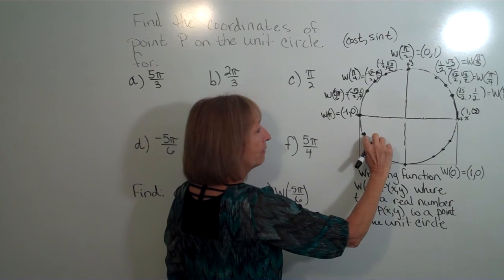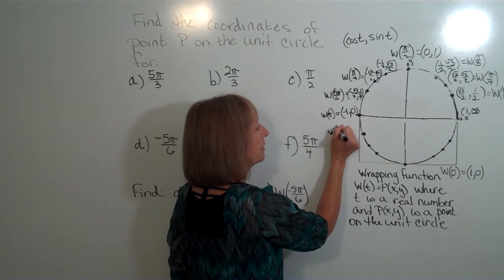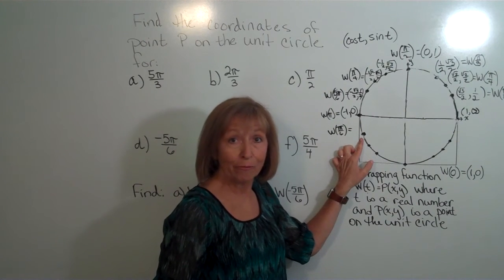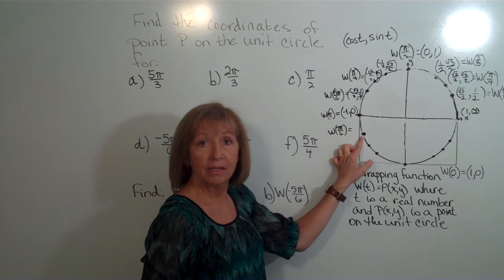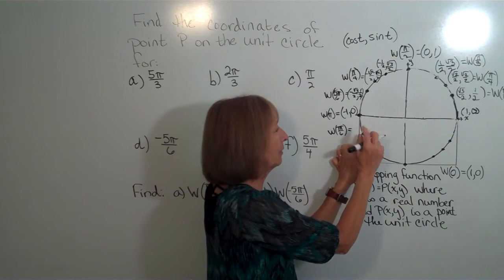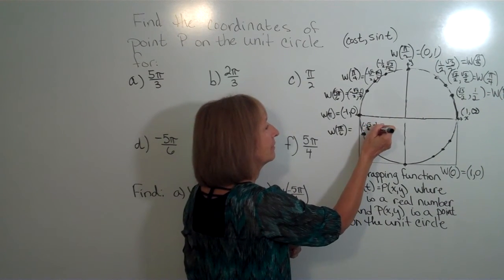So that's 7 pi over 6. So the wrapping function for 7 pi over 6 has a reference angle of pi over 6. So it's going to have the same ordered pairs. But to get to the third quadrant, I have to go left and down. So that's going to be a negative square root of 3 over 2, comma, negative a half.